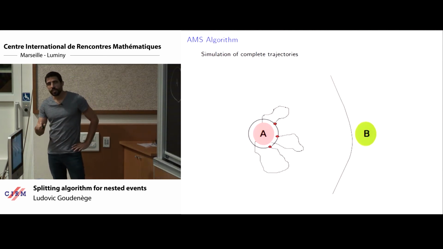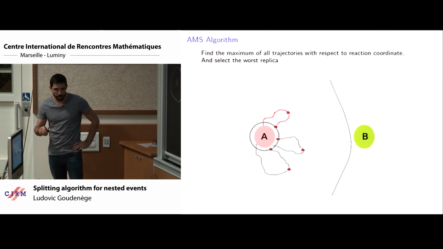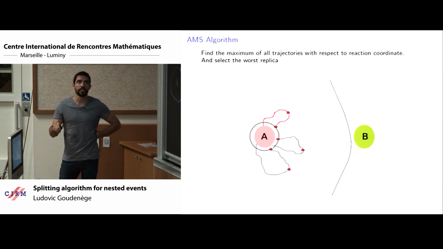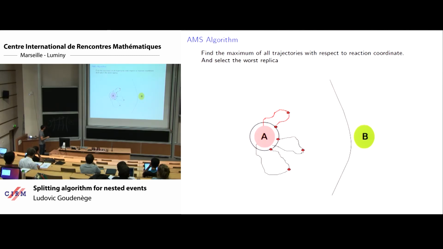So all the simulations will go back to A. You compute the maximum of the reaction coordinate of the particles, that is, the point closest to B on the trajectory. So this particle reaches its maximum here, this one here, and this one here.